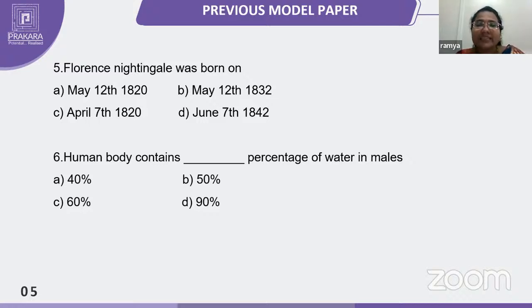So you'll write the question number 5 and mention May 12th, 1820 or the option A. When we come to the sixth question, the human body consists of what percentage of water in males. The options are A as 40%, B as 50%, C as 60%, and D as 90%. So the answer is 60%. You will mention the sixth answer as C.